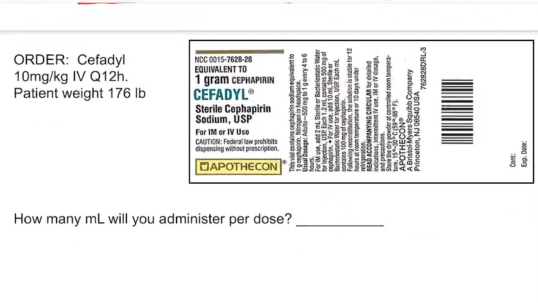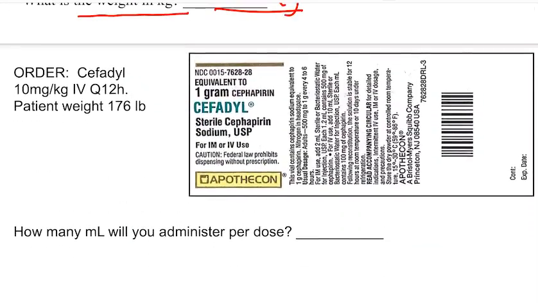Okay, last one. How many milliliters per dose? I'm going to need this and that. First I'm going to do a D over H times V calculation, and I need to figure out my doctor's order. It's 10 milligrams per kilogram.